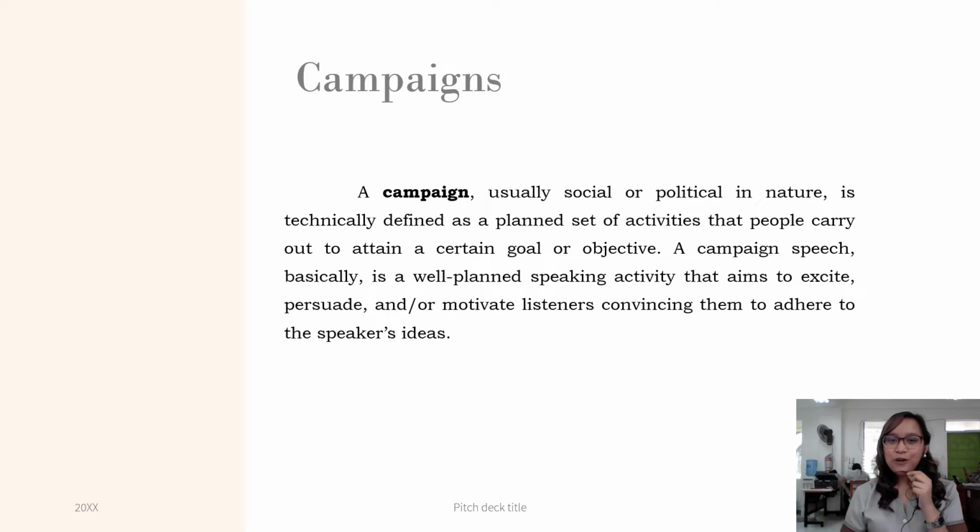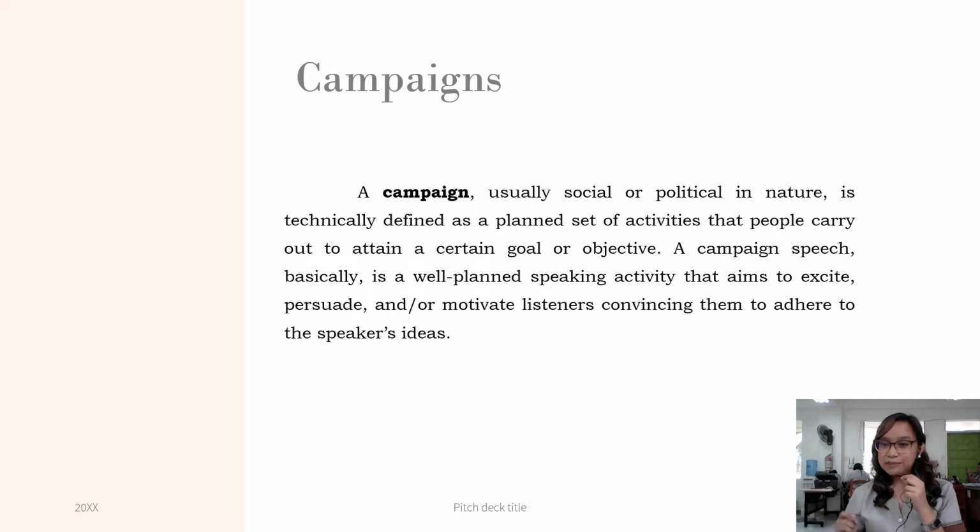All right. So for campaigns, usually social or political in nature, it is technically defined as a planned set of activities. I will explain later what the connection of research and campaigns is. When we say campaign, it is political in nature. Of course, when you are watching YouTube, there are a lot of advertisements about the politicians who will be running for the 2022 elections, right?